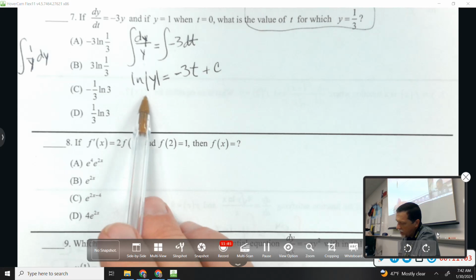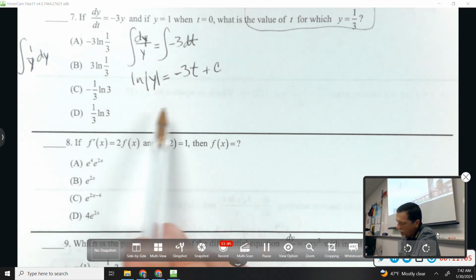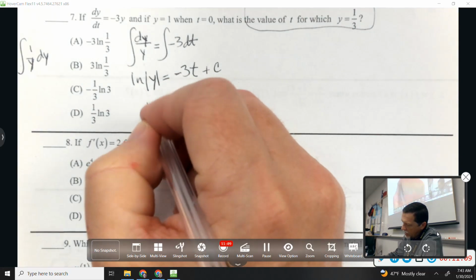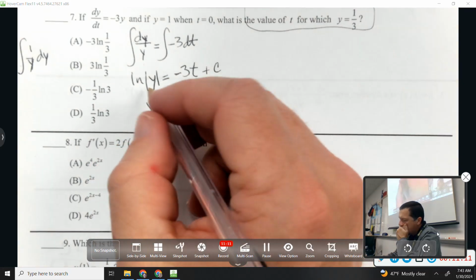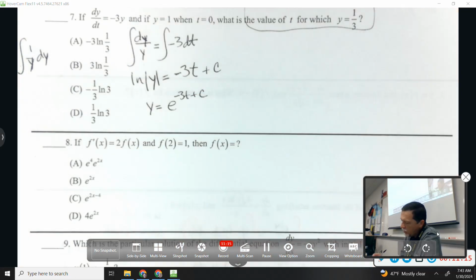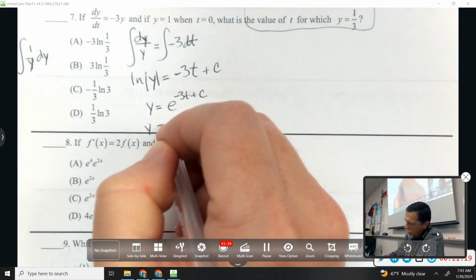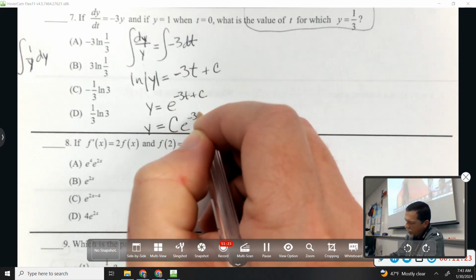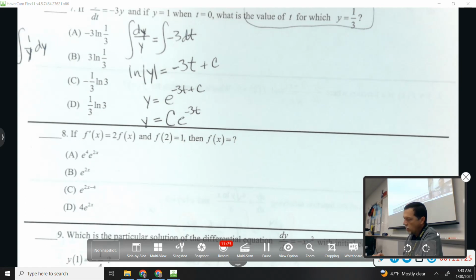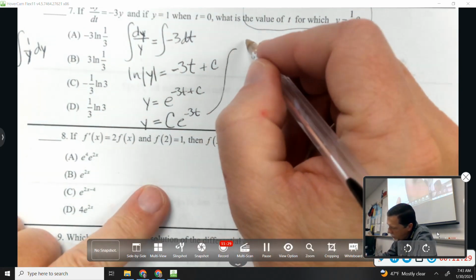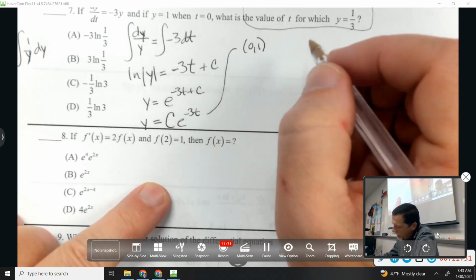Let's see. So we want to do an e to the thing on this. So e to the negative 3t plus c equals y, which you might remember you can bring the c down front. It's a different c, but so let's use 0, 1.